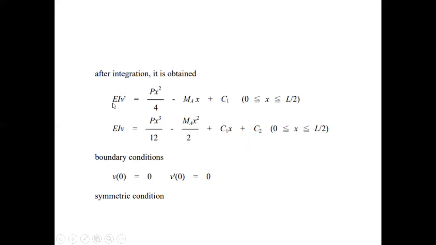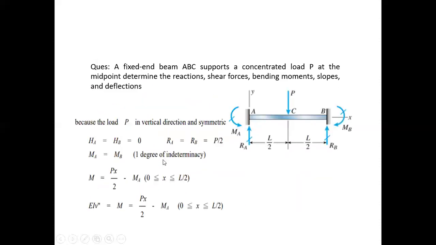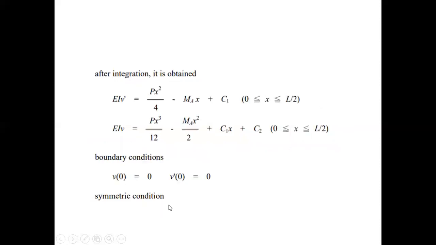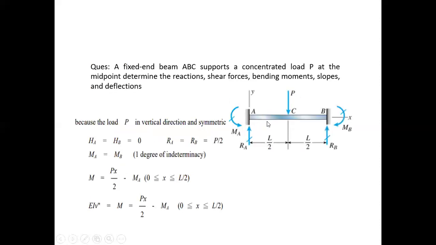Again, after integrating in the same way we have done in the case of a prop cantilever beam, EI V dash is equal to Px square by 4 minus Max plus C1. Integrating again, we get EI V equal to Px cube by 12 minus Max square by 2 plus C1x plus C2. This is within the limit of 0 to L by 2 for one section.